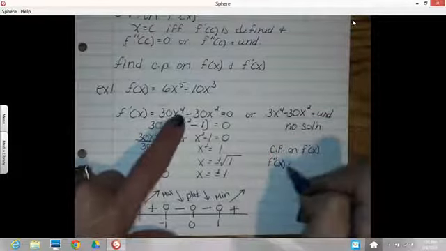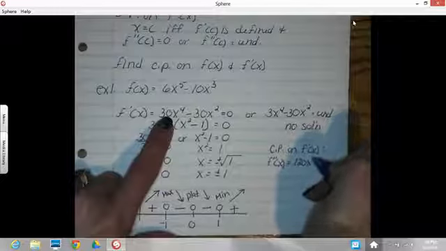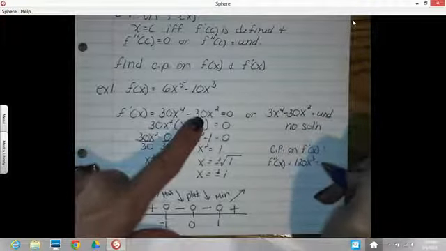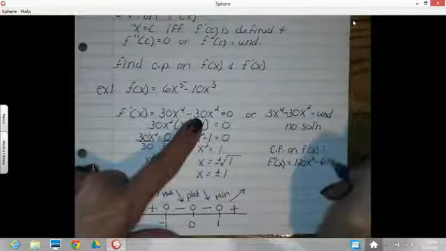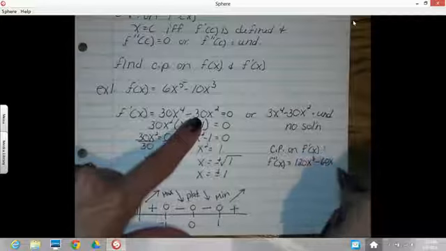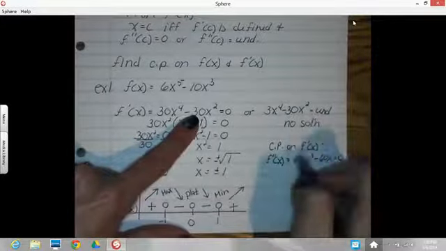That will give me 120x cubed minus 60x. I want to set that equal to 0 and check and see if it's undefined anywhere. I'm going to squeeze in the equals 0 right here. I'm going to factor out the 60x.